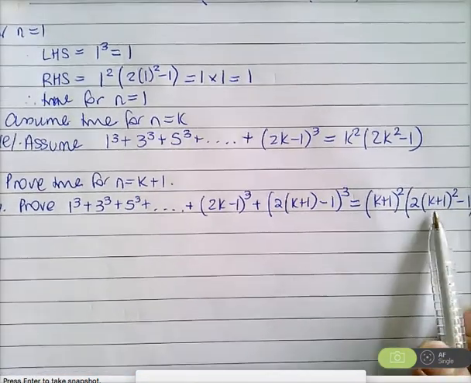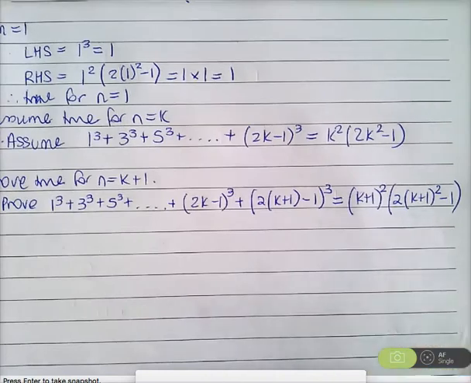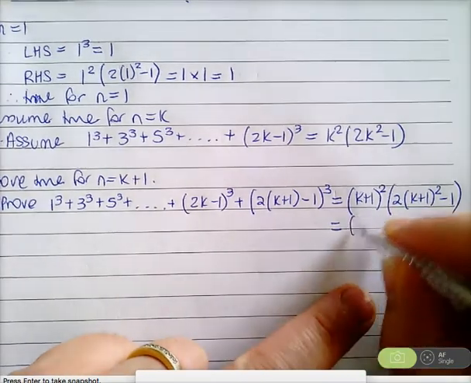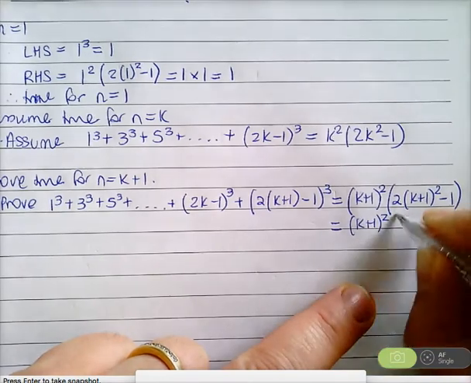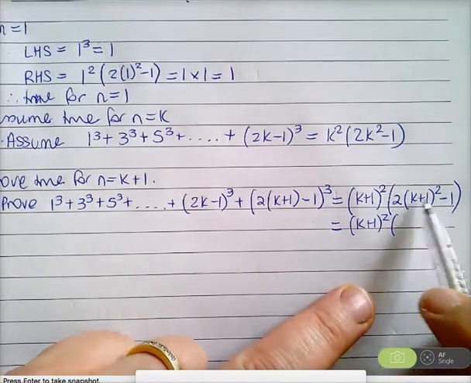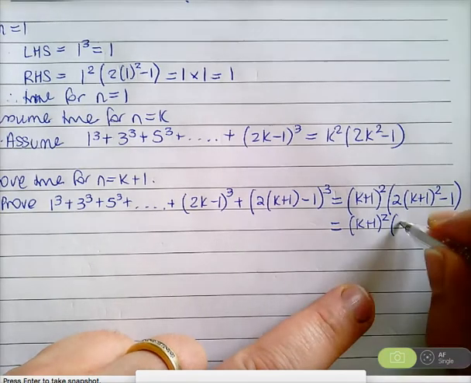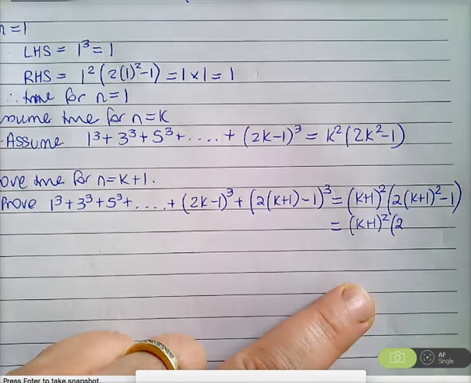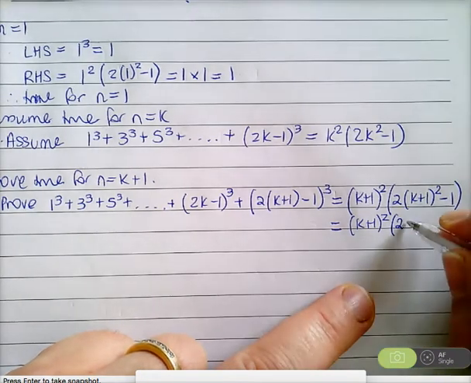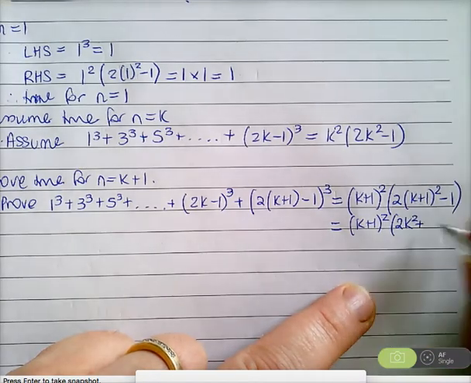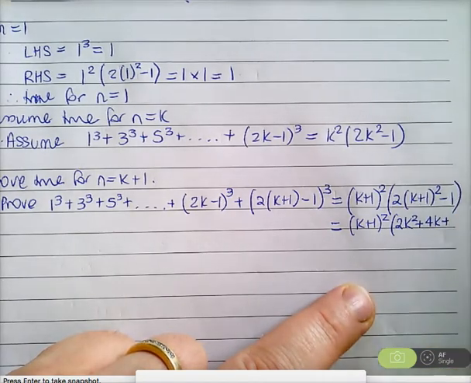We can either expand this if we want, or I suppose we can leave it. What would this be? Isn't k plus 1 squared k squared plus 2k plus 1? We might even leave it like that. Let's just see what we get. 2k squared plus 2 times 2k is 4k plus 2 times 1 is 2, but minus 1.